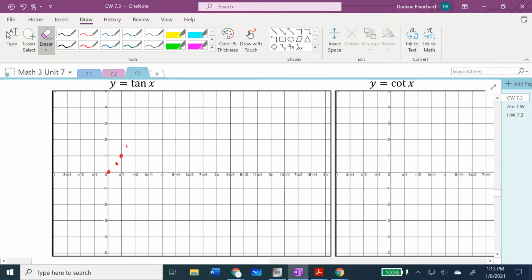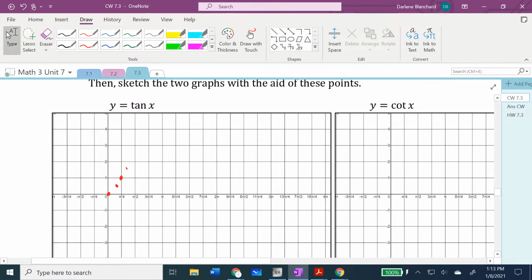But with tangent being equal to sine divided by cosine, when cosine is getting to be near 0, sine is near positive 1 or negative 1.